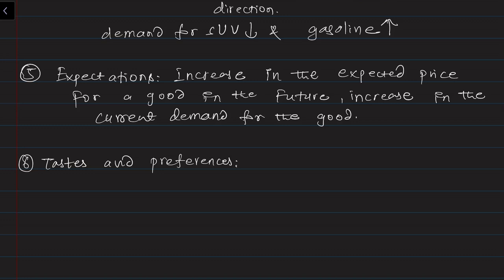For example, for ice cream, the demand is higher in summer than winter, right? So in that case, the demand curve will shift to the right. Another example could be face masks, which were really in demand during COVID time. So the demand curve shifts again to the right. These are a few examples of tastes and preferences.